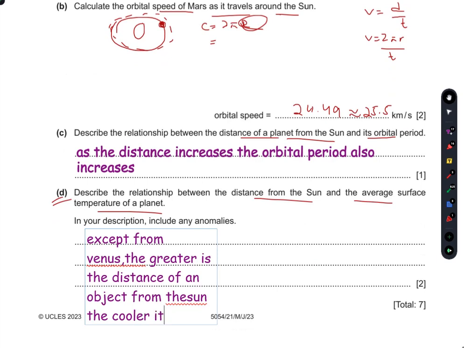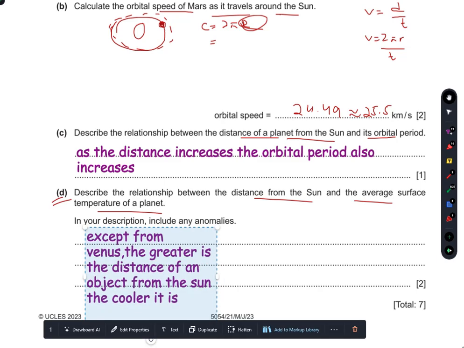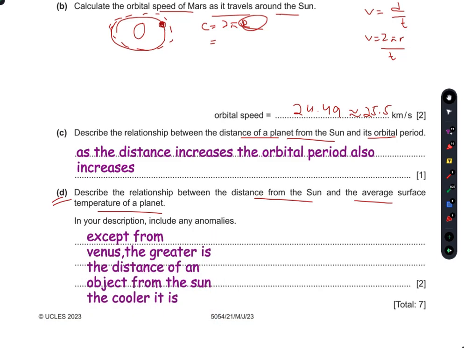It has an increasing and decreasing temperature, surface temperature. The cooler it is. So this trend is followed here. So can you write the answer in your own words as well?